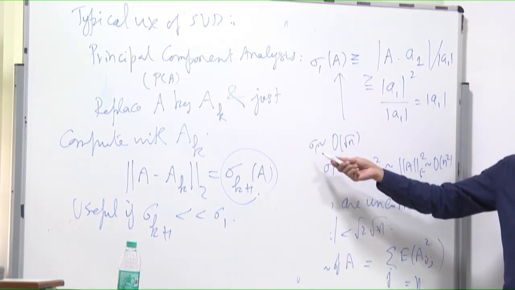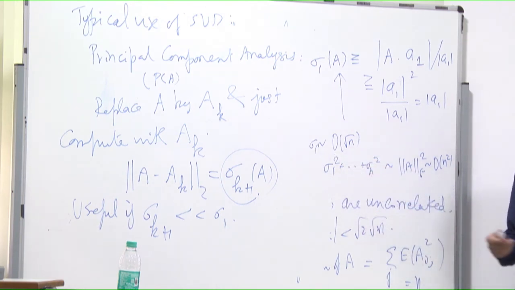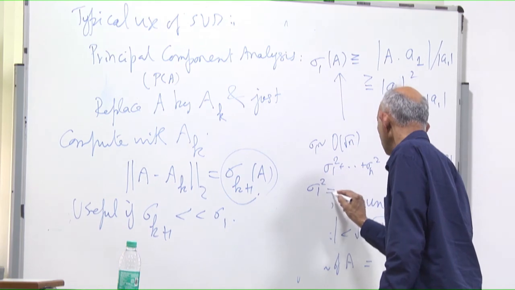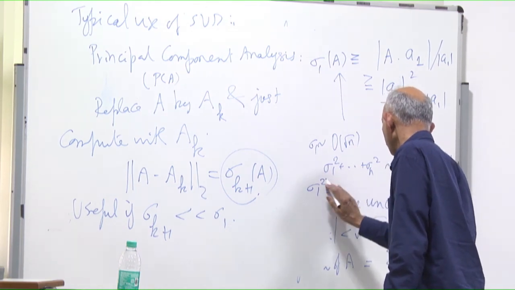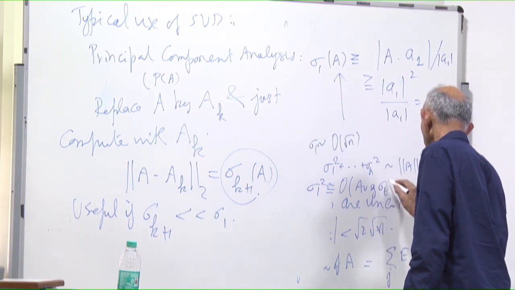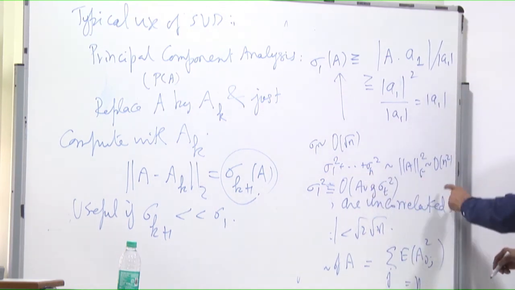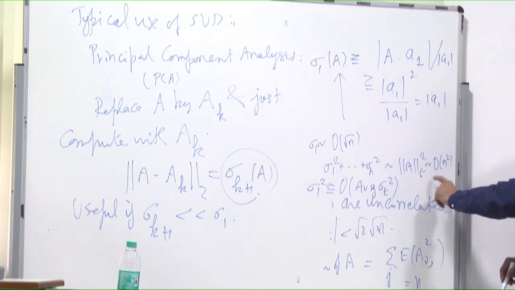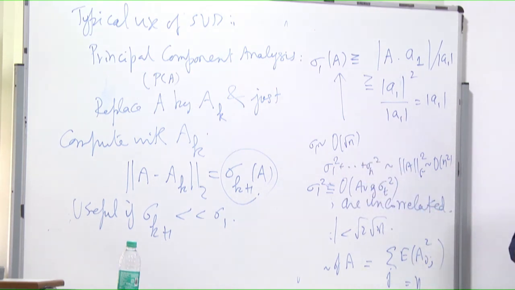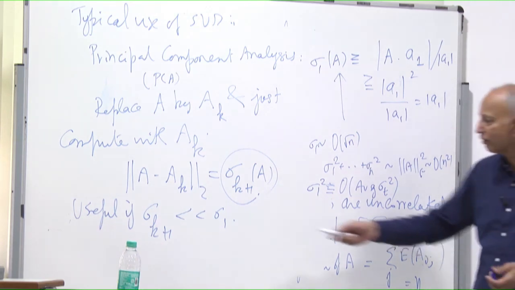So sigma 1 is basically just about the average in square. So sigma 1 squared is more or less within a constant factor of the average sigma t squared. There are n of these, their total is n squared, the average is n in square, and sigma 1 is only about that. So it's far from having this inequality.